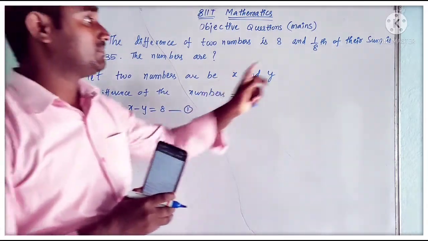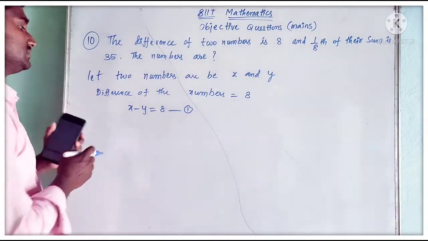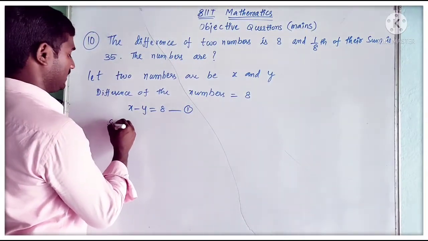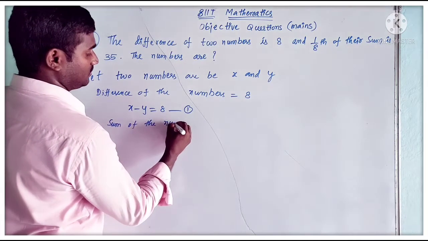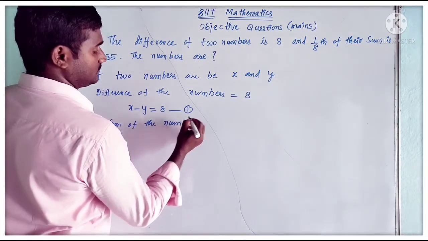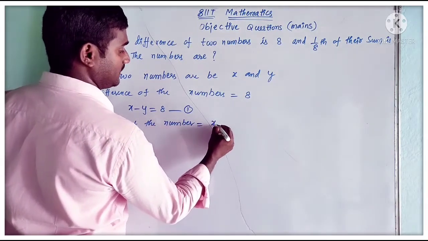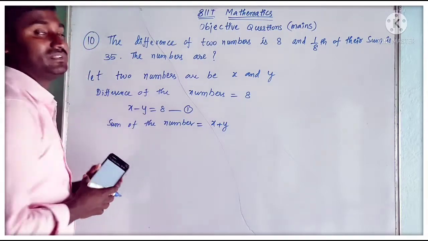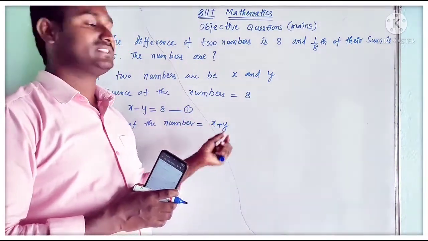Next, 1/8 of their sum. First we need to find the sum. The sum of the numbers is x plus y, nothing but adding the two numbers.